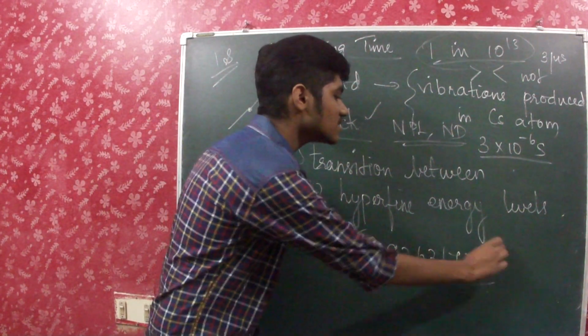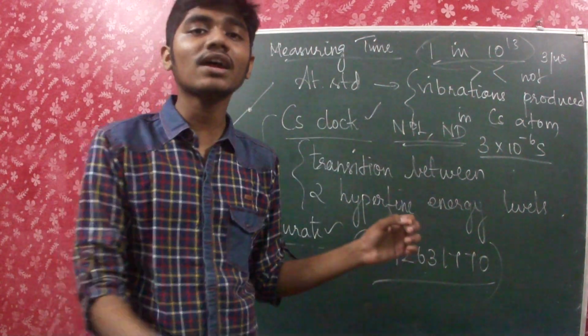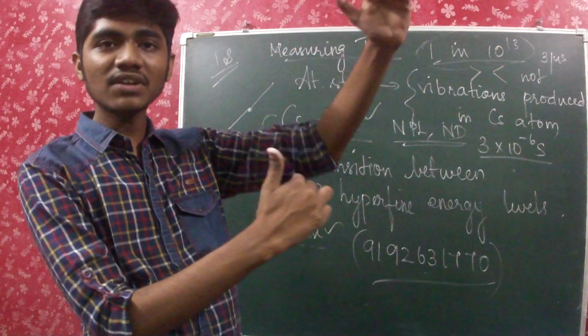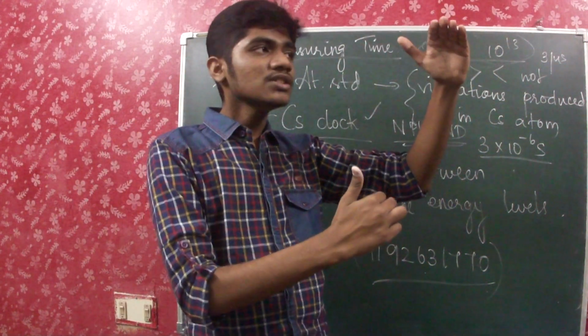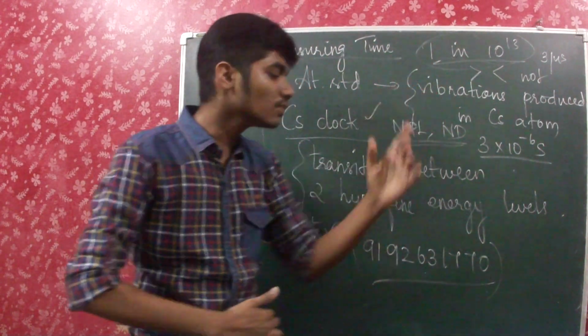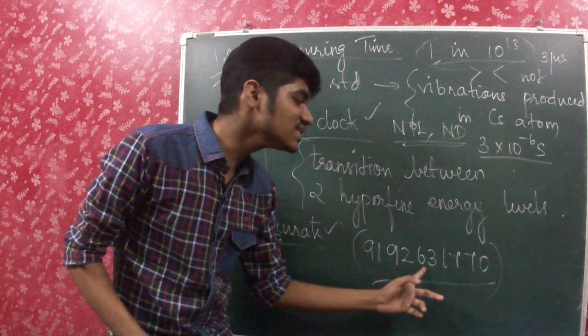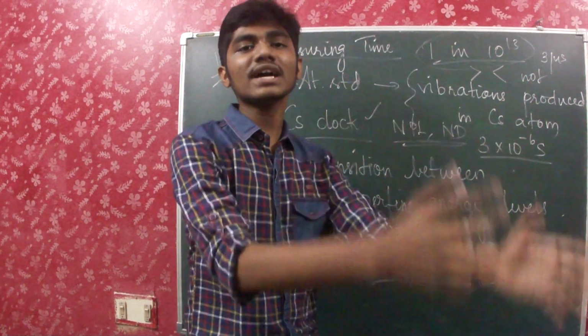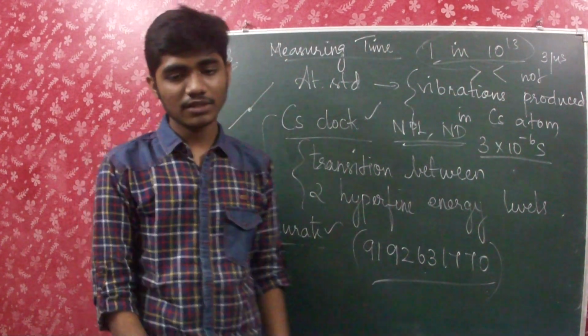I told you how the vibrations occur due to the transition between the two hyperfine levels of the cesium atom. Because of this transition, vibration will take place, and such a vibration should take place 9192631770 times, and that's what we call 1 second.